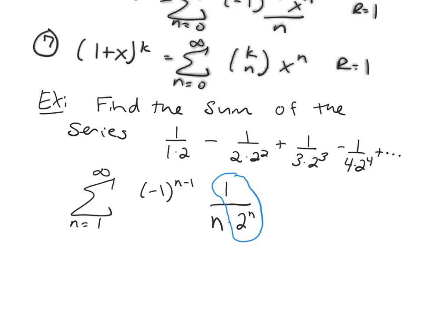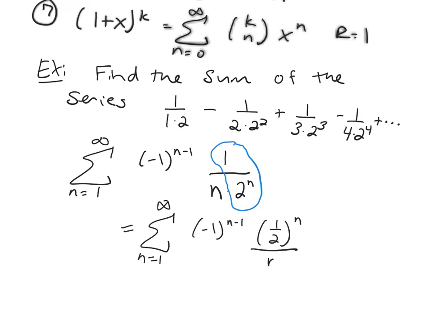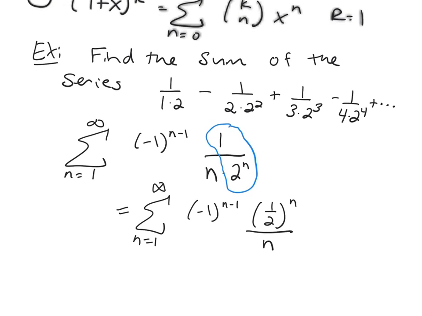This 1 over 2 to the n, I'm going to rewrite that as the sum, n equals 1 to infinity, negative 1 to the n minus 1. This is 1/2 to the n over n. Okay? Because 1 to the n is just 1. This is still 1 over 2 to the n divided by n.